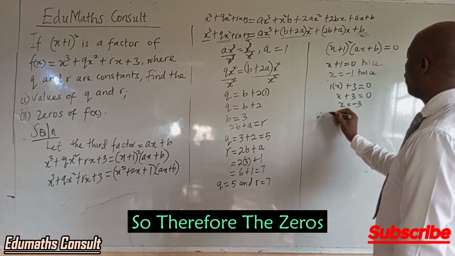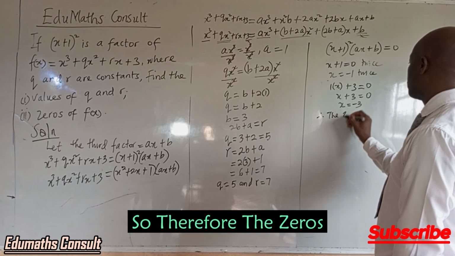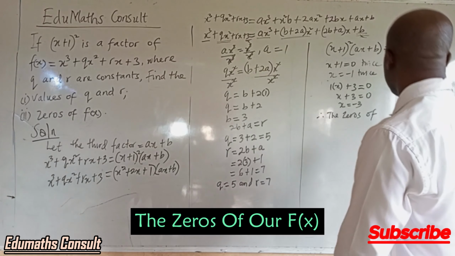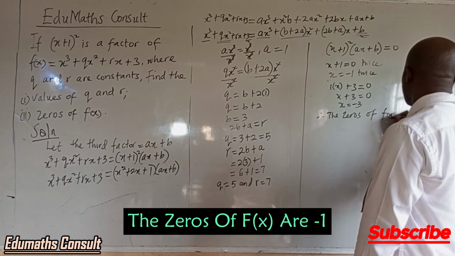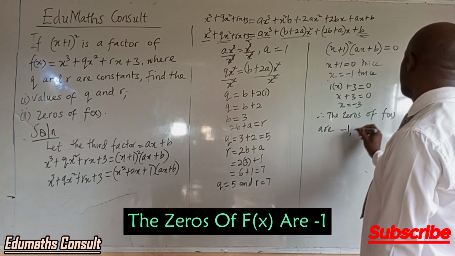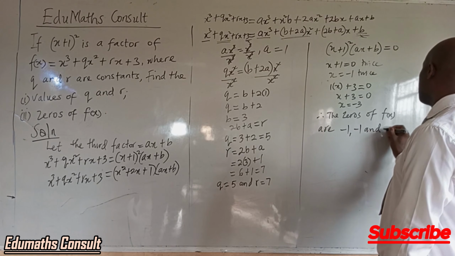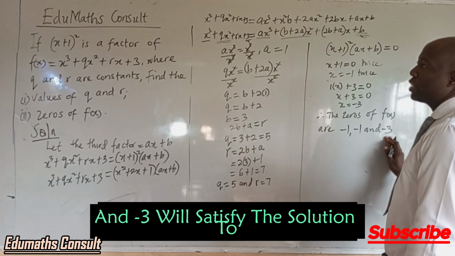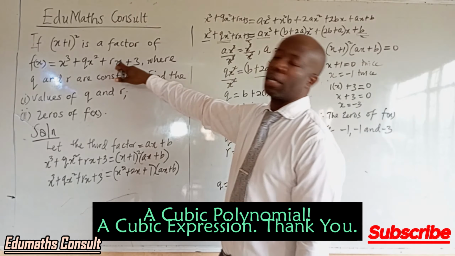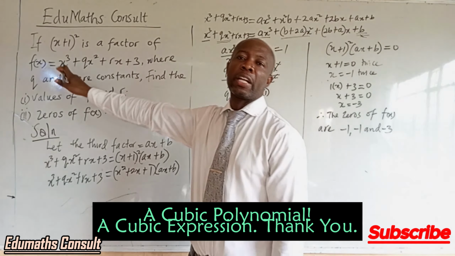Therefore, the zeros of f(x) are minus 1 and minus 3, which satisfy the solution to a cubic polynomial, a cubic expression.